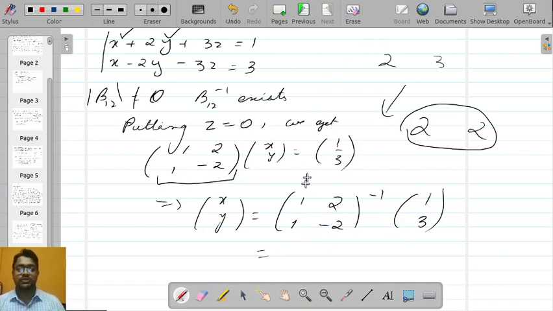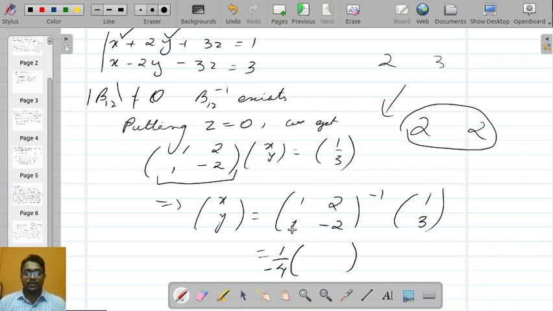What is the inverse of this matrix? You can easily calculate it. It's 1 divided by the determinant, which is -4, times the adjoint of this matrix. The adjoint is the transpose of the cofactor matrix.